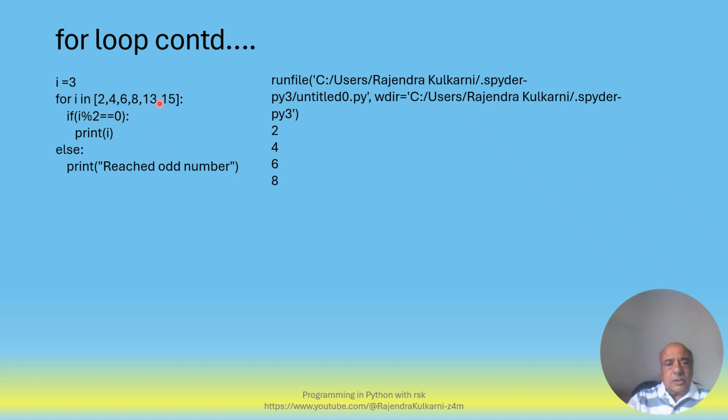So these new objects 2, 4, 6, 8, 13, 15 will be created, out of which 2, 4, 6, 8 will be displayed because of this logic. And when it reaches 13, the output will be reached odd number.